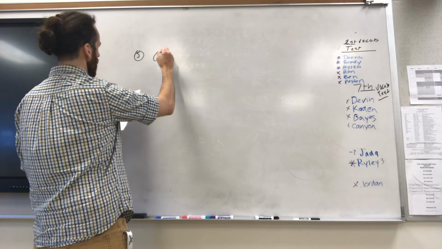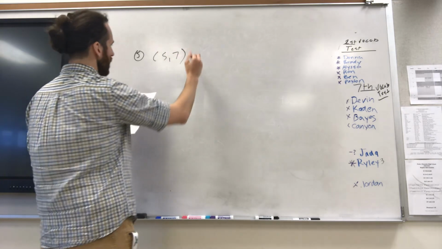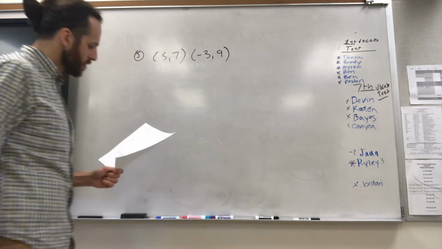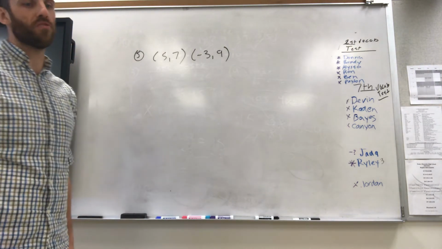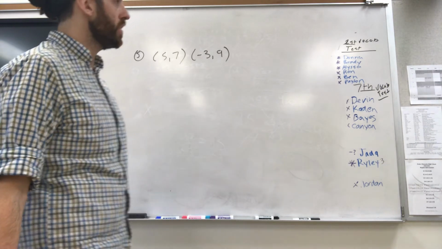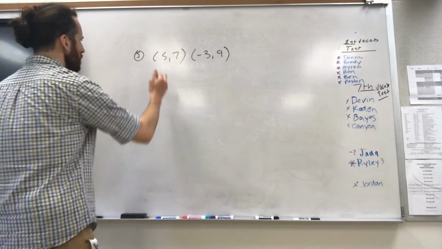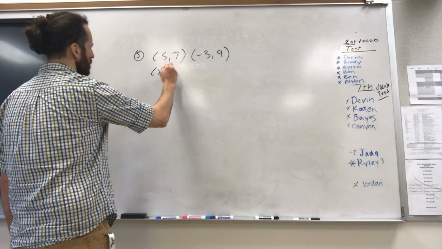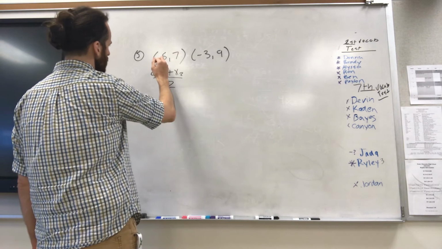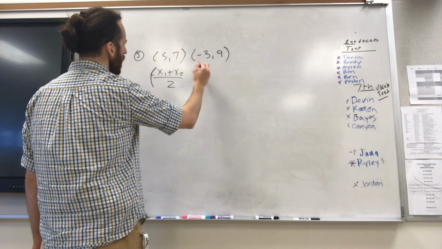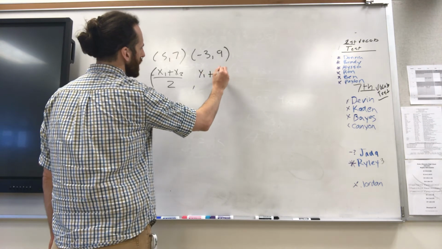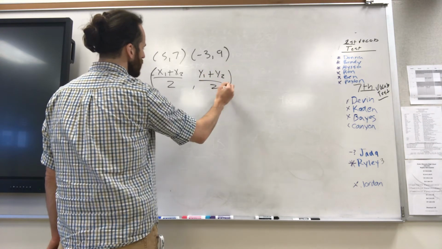So I have (5, 7) and (-3, 9). We first have to establish what the midpoint formula is. That'll help us out. The midpoint formula is x1 plus x2 over 2 for the x values, and for the y values, it's y1 plus y2 over 2.